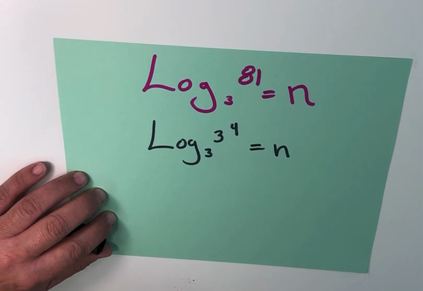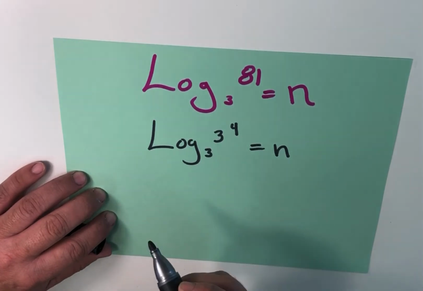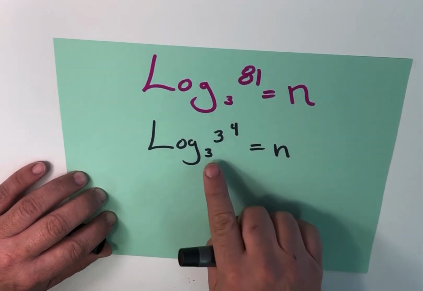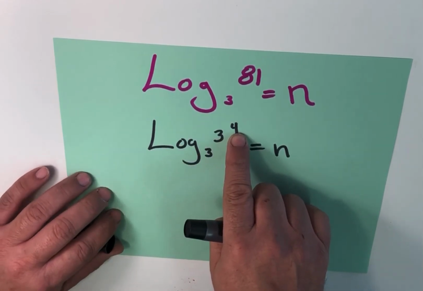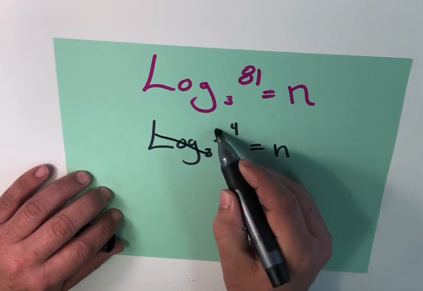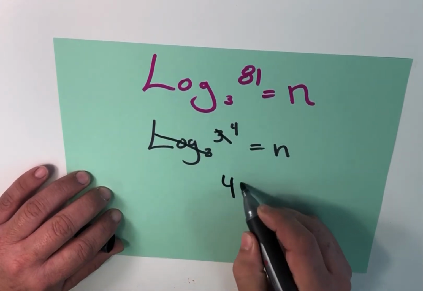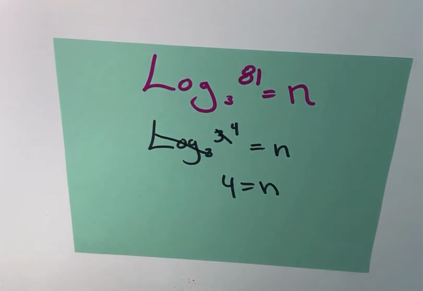What you're going to notice is that the base of the log and the base of the exponential expression are both equal. They cancel each other out. Therefore, 4 is equal to n. Now, this doesn't always work because you don't always have numbers that have something related to each other. But if you notice that 3 and 81 do have something that relates them, then by all means try the shortcut.